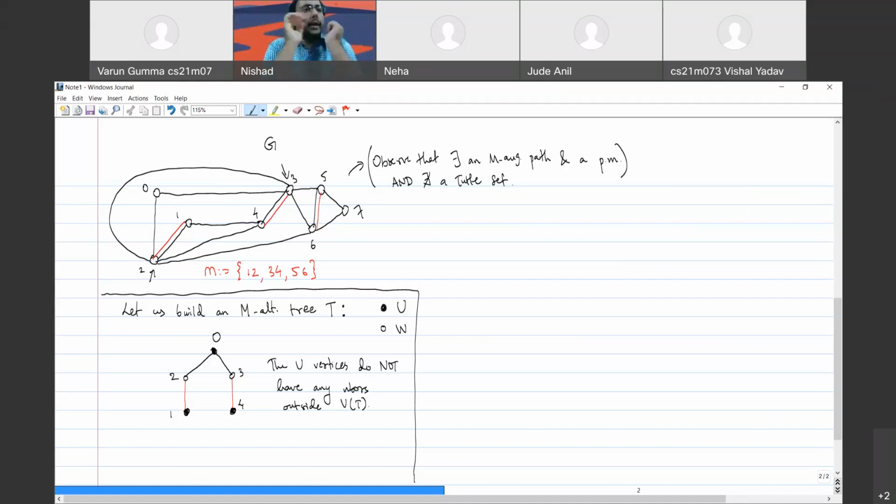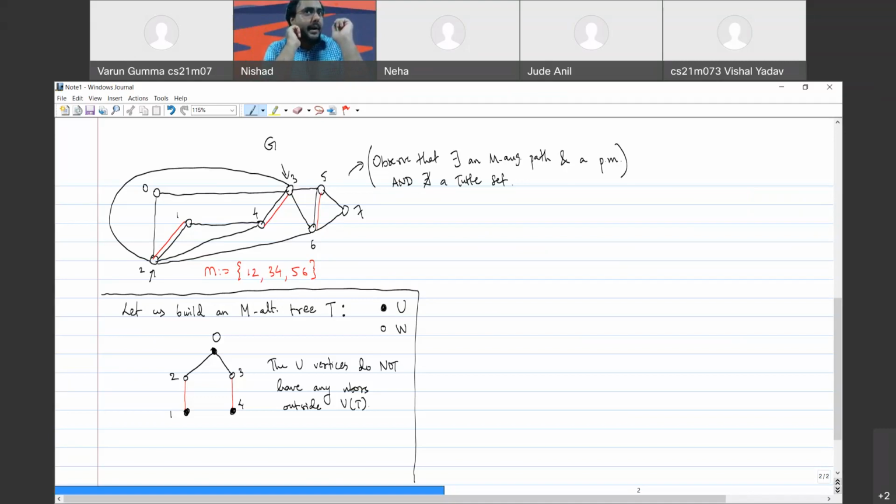It would, however, be a touch set if the vertices 1 and 4 were not connected. Observe that it would be a touch set if 1 and 4 were not connected by an edge, which would happen in a bipartite graph because they are both black colored vertices in the tree that you have constructed, right?